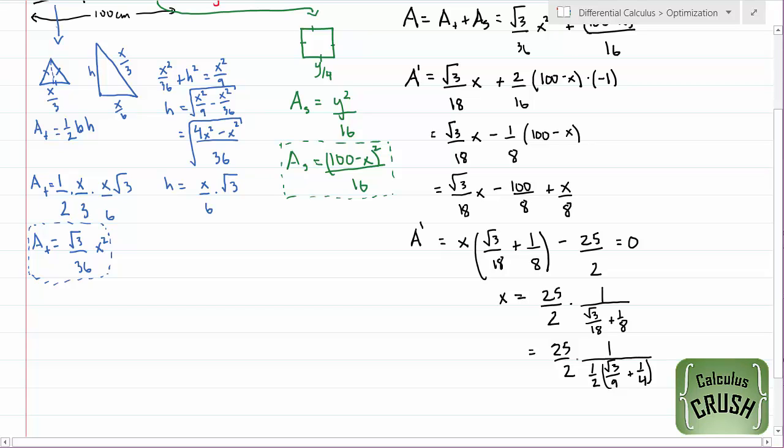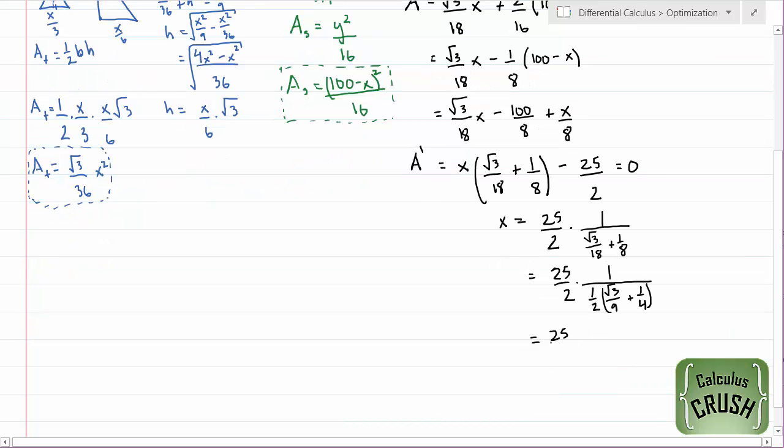You know, you could always just use a calculator to do this, but we're not going to use a calculator. We're going to try and simplify. So we've got 25 over 2 times a half. Times, now we need a common denominator for these. 4 root 3 plus 9 over 36.